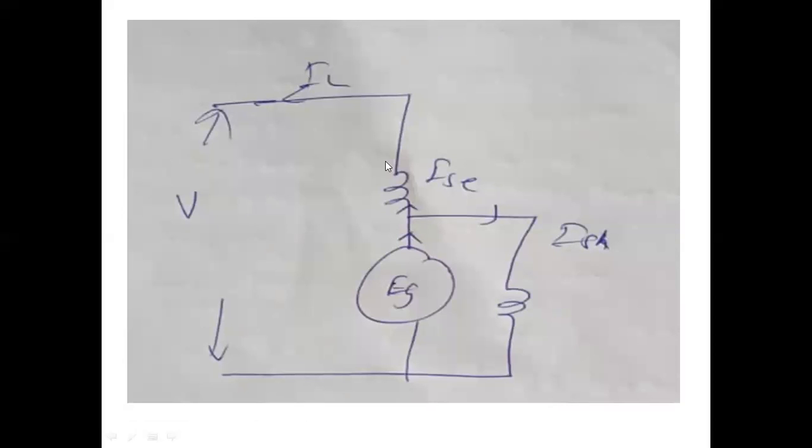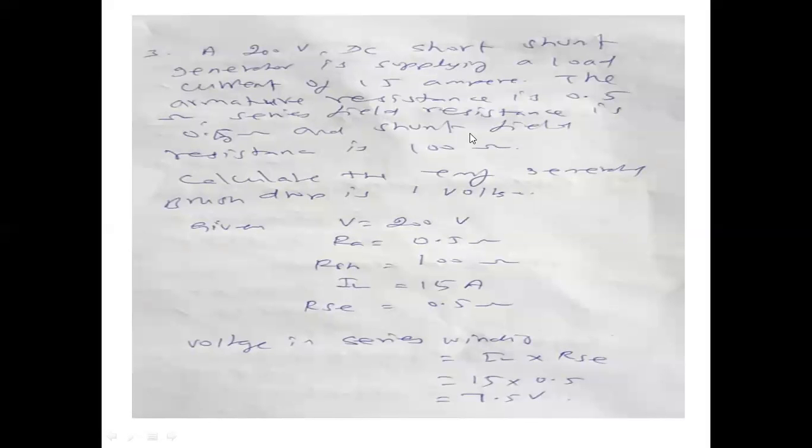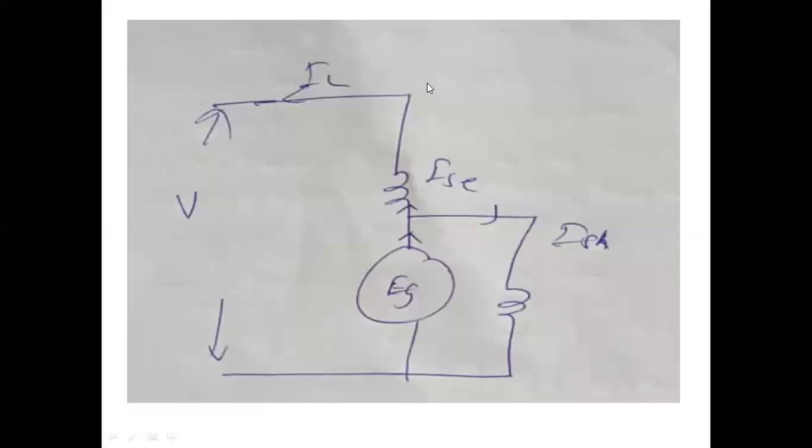Which current is flowing in the series field winding? The load current is flowing. So you multiply the load current with your series field resistance and you get the series drop. It can simply be determined from the given values. IL is given: the generator load current is 15 ampere. Load current and series field current are both the same, so you multiply the load current with the series field resistance to get the series drop.